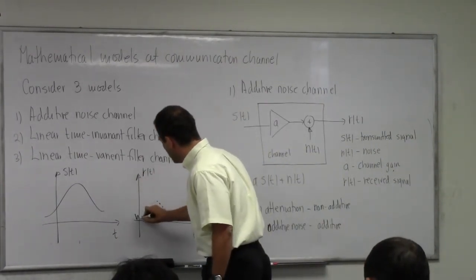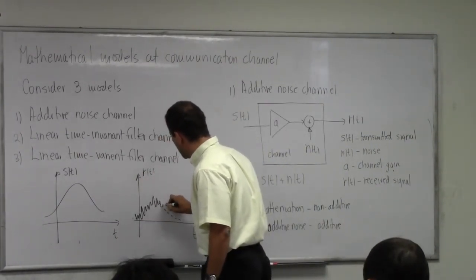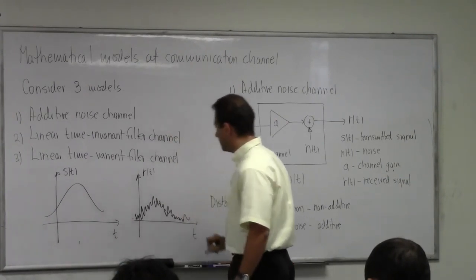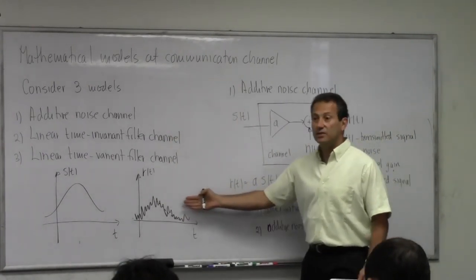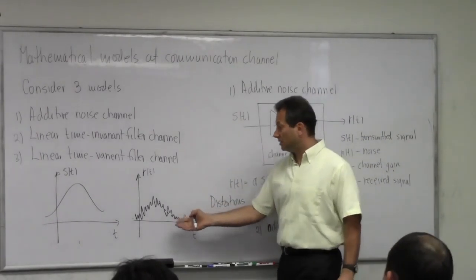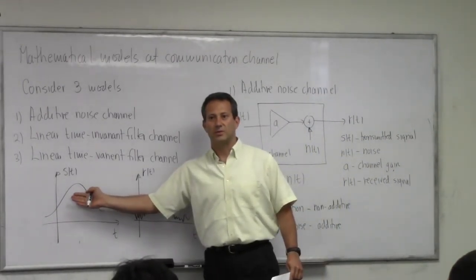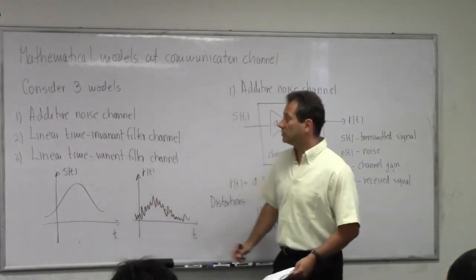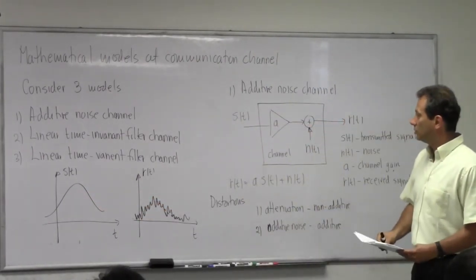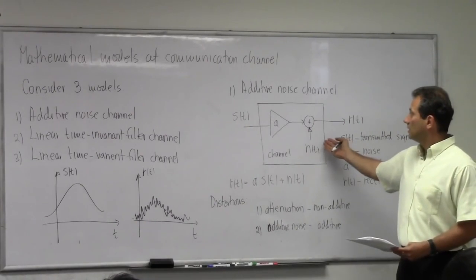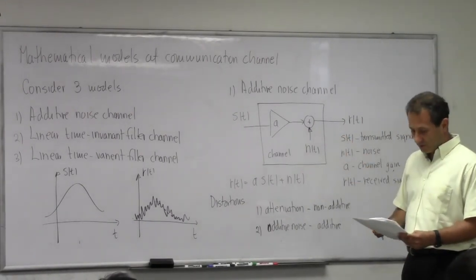And on top of it, you're going to have this noise that is going to corrupt the signal. Now this is presented to the receiver, and somehow the receiver needs to look at this and say, oh, it was this that has been sent, right? So the receiver needs to do a lot of processing to undo even what is done by the simplest possible channel.